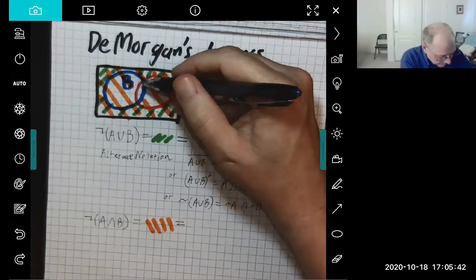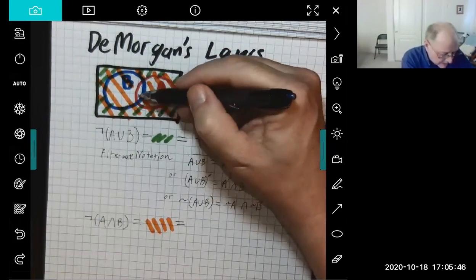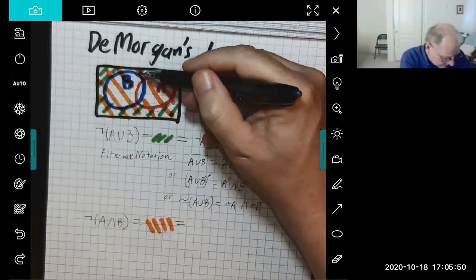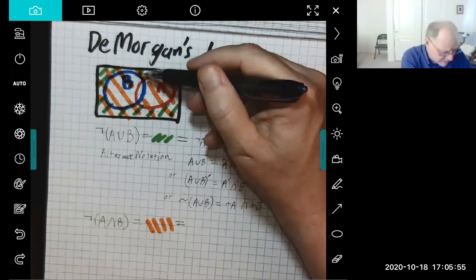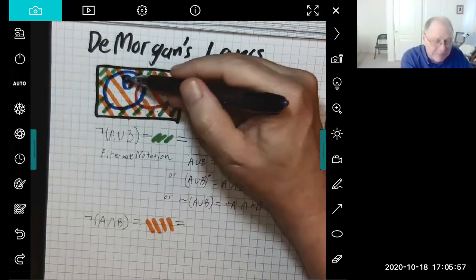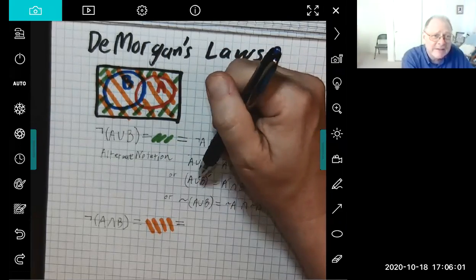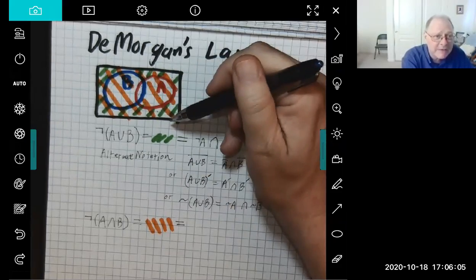So you notice we've included everything that's not in B. If it's not inside the blue circle, it's part of this. The orange part includes everything that's not in the blue. It also includes everything that's not in the red. If you're not in the blue, you're in there. Or if you're not in the red, you're in there.